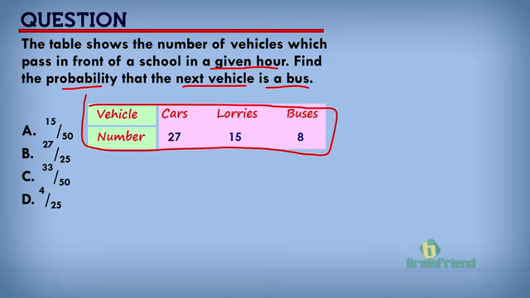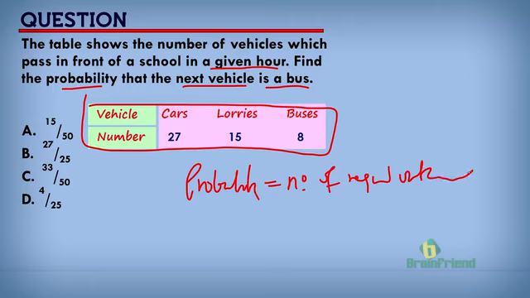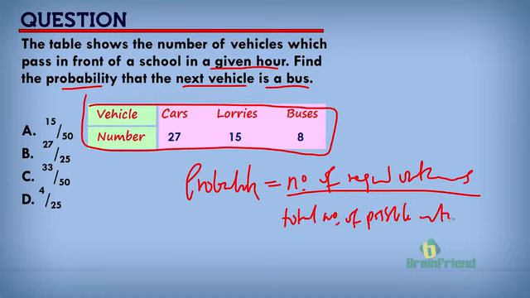Okay? So remember we said probability is what? Number of required outcomes, all over total number of possible outcomes. Okay, so the number of required outcomes is that of a bus.